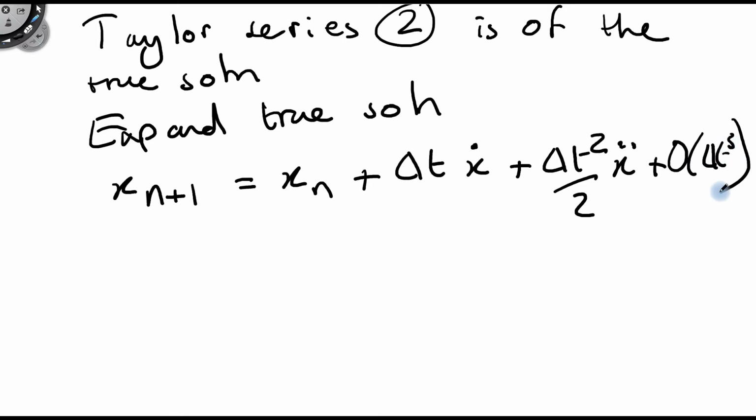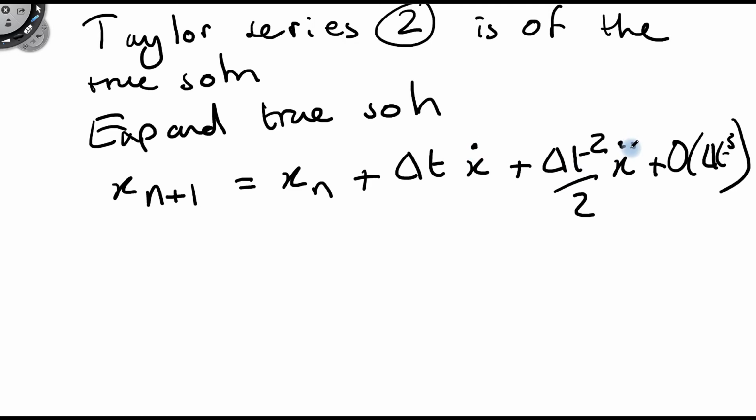So this is a Taylor series which is kind of looking similar to the one we had last. It explicitly has terms in delta t and delta t squared, and then we have all this stuff left over. So we're on the point, but at the moment we don't know what x dot and x double dot are.